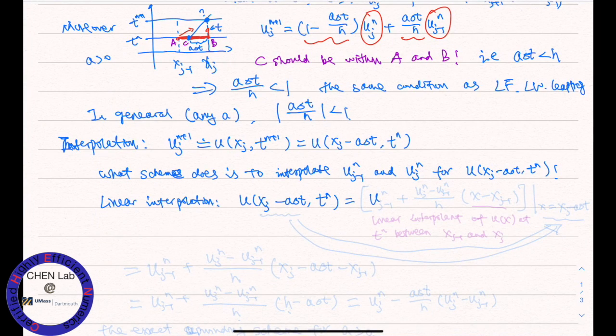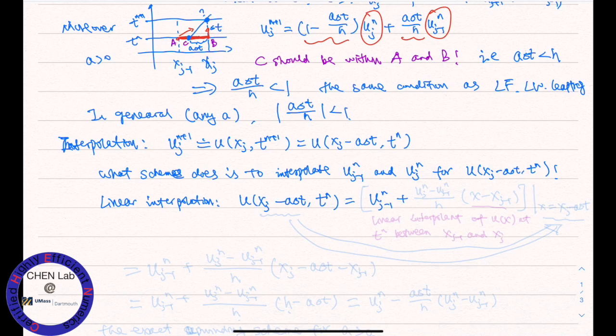We come up with a linear function with respect to x, a straight line, and it should be equal to U_(j-1)^n when x is equal to x_(j-1), and it should be equal to U_j^n when x equals xj.